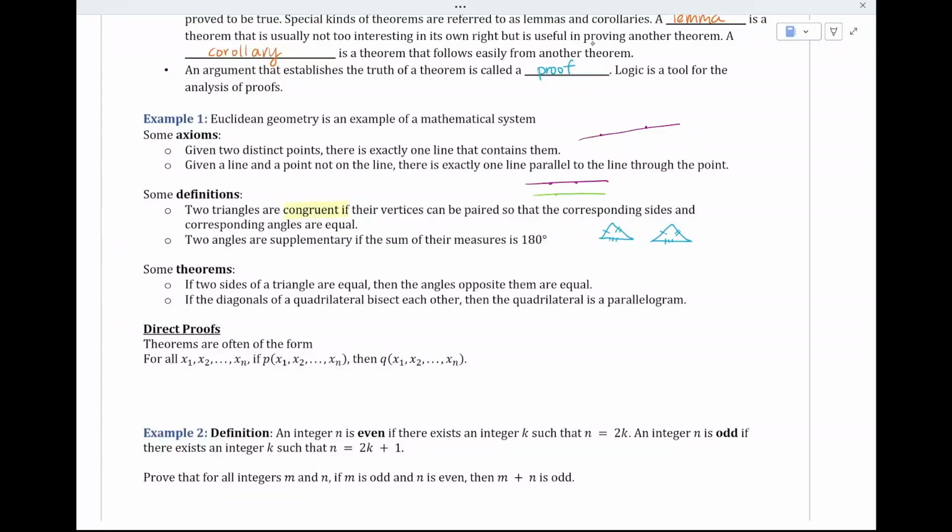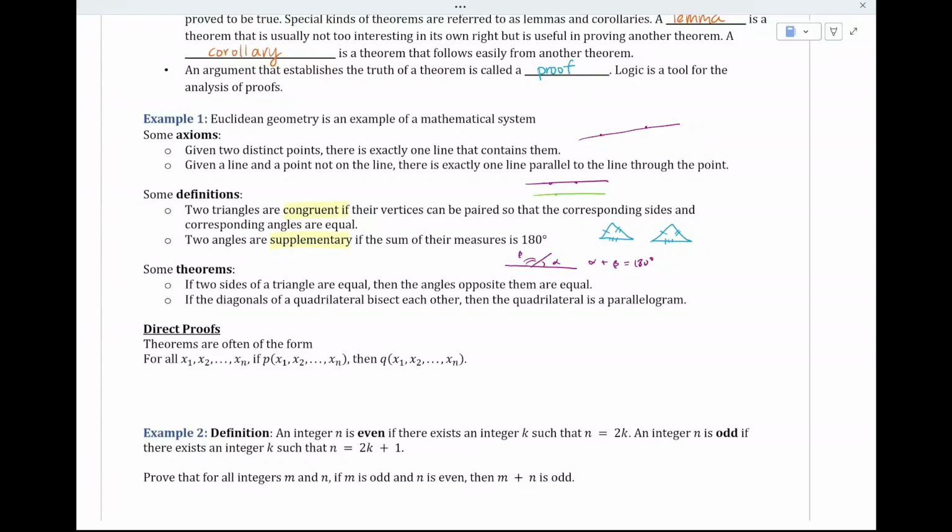Two angles are supplementary if they add up to 180 degrees. So here's 180 degrees. This angle plus that angle is 180 degrees. So alpha plus beta is 180 degrees. That's what it means to be supplementary. So we're defining those two terms.